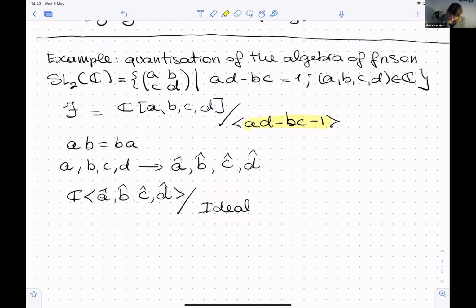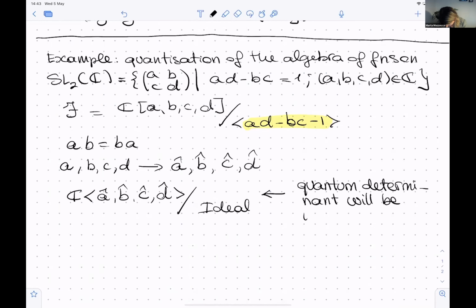In some way, we would like to think that whatever we get as quantization of this relation, it will somehow be preserved and it will be an invariant in our algebra. The quantization, or quantum determinant, will be invariant.